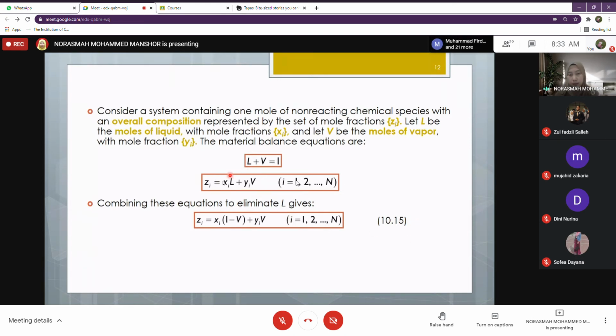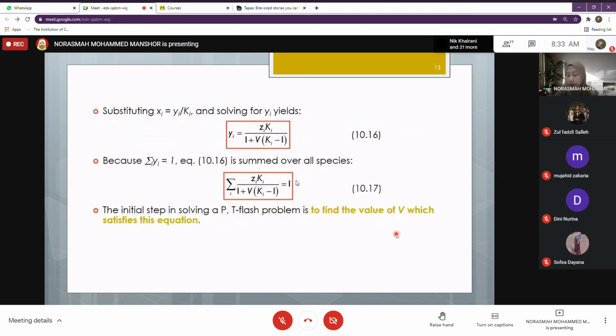Then Xi is equal to Yi over Ki, so you can solve for Yi: Yi equals ZiKi over 1 plus V(Ki minus 1).